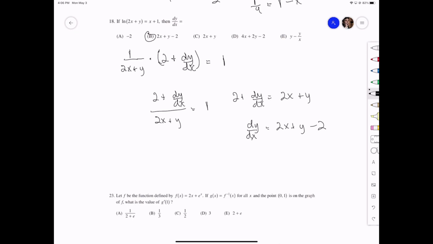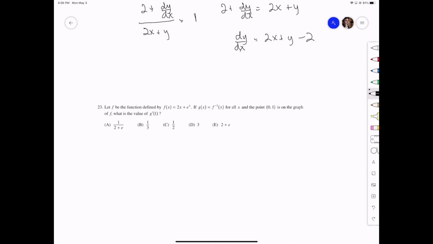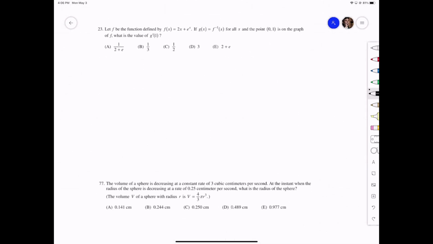Okay. So let f be the function defined by f of x is equal to 2x plus e to the x. If g of x is the inverse of f of x, and the point 0, 1 is on f.